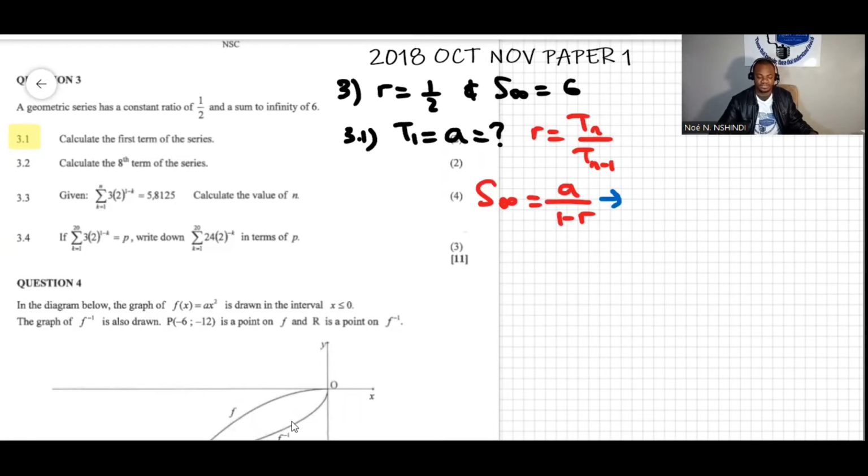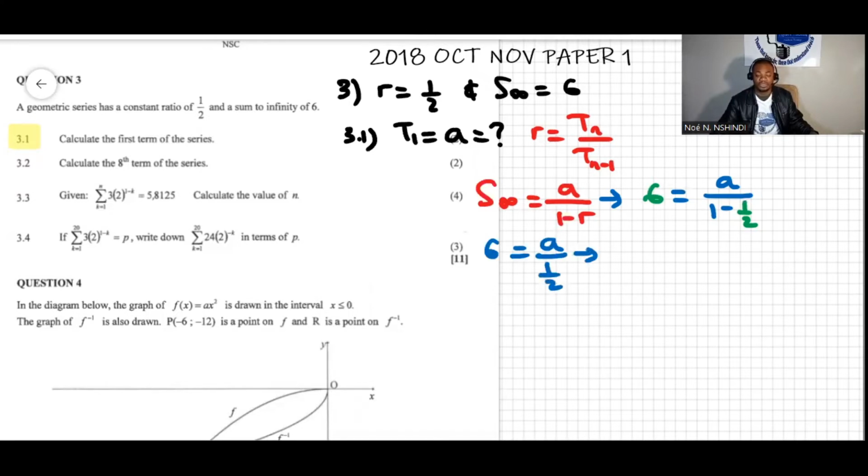The sum to infinity is given to be 6, so I substitute 6 there. The constant ratio is also given, it is a half. So we have a over 1 minus a half, and 1 minus a half is just a half. So 6 equals a over a half.